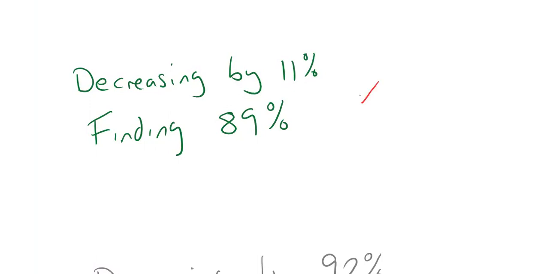So what would the multiplier be for both of these two operations? Well, it's going to be 0.89. If I multiply by 0.89, I will have reduced it by 11%. I would have found 89% of the original. There is an equivalence between these two numbers, but we have to be careful if we're thinking about this in terms of increasing or decreasing.